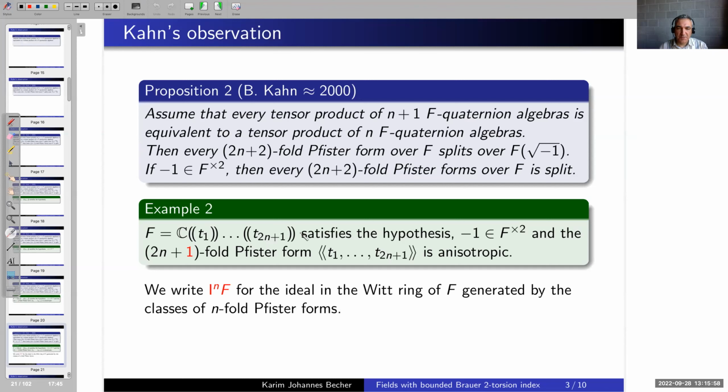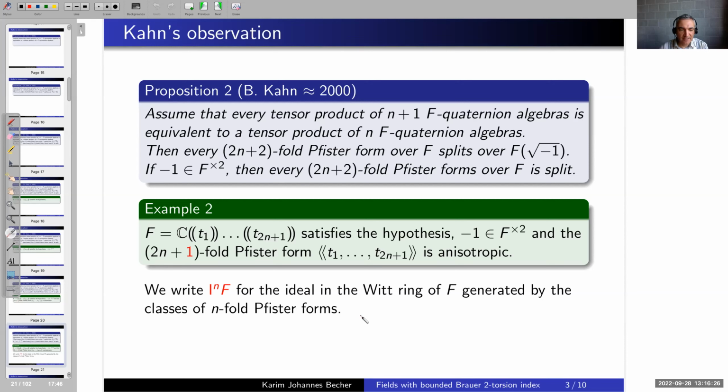Now, in order to speak about some m-fold Pfister forms being split, I will use, just for notation, basically, the powers of the fundamental ideal in the Witt ring. You can really take this as a notation, and I don't even introduce it here as the power of the fundamental ideal, which it actually is, but just say the ideal of the Witt ring of F which is generated by the classes of n-fold Pfister forms.